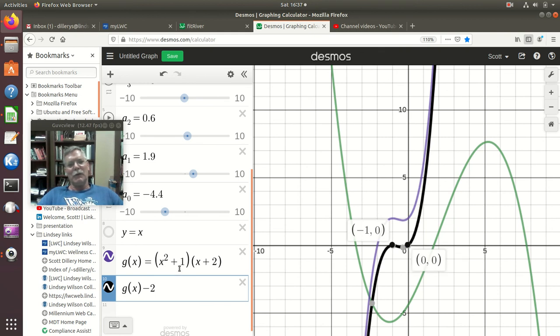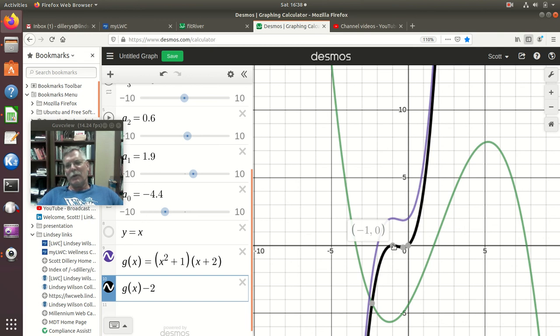But you see it was this whole thing, and then I did a minus 2 out here, which if I was going to factor it, I would have to multiply this all out, subtract the 2, and then factor that. Okay, so you know what I said about if you have these humps up here like this, then you could lower the function. Well, you can. I just did it here, and it now has a 0 here and a 0 there.